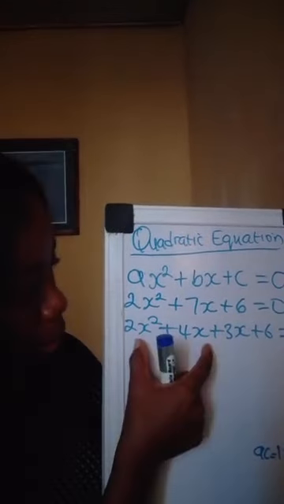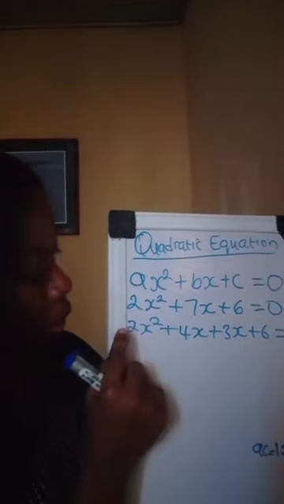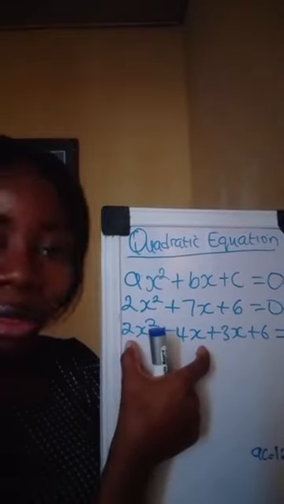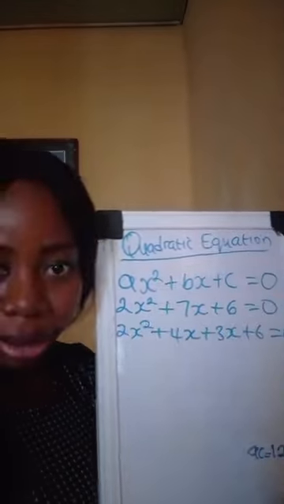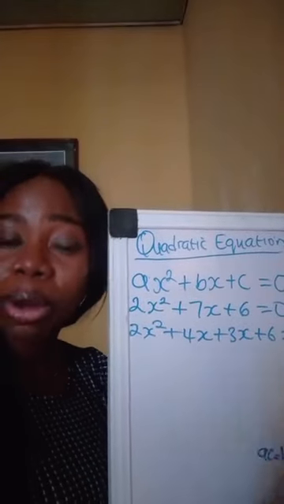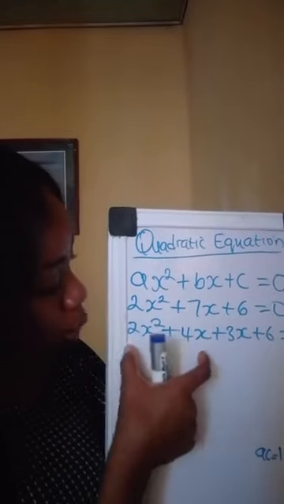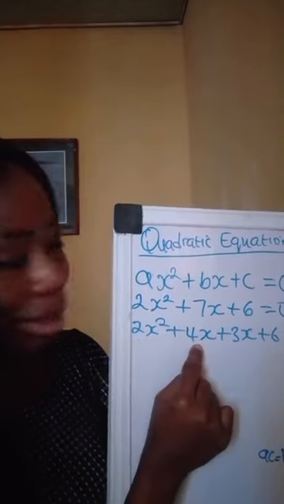Okay, so now we're going to take the common term. Look at 2x squared plus 4x. There's something common between them. What I mean is the factor of 2x squared and 4x. What's a factor? A factor is any number or anything that can divide another without a remainder. So what's common between 2x squared and 4x? What's common between them is 2x.